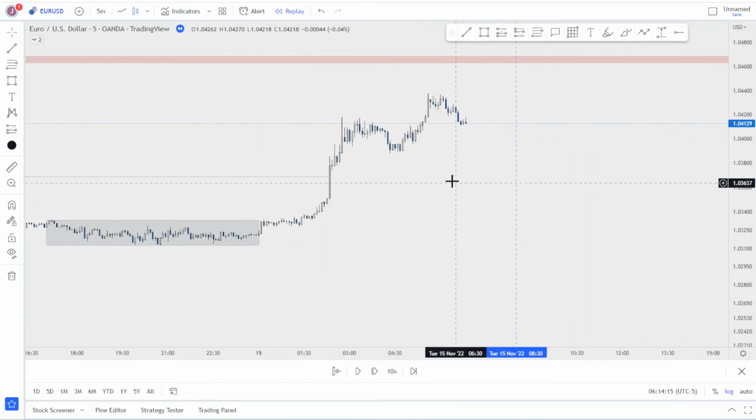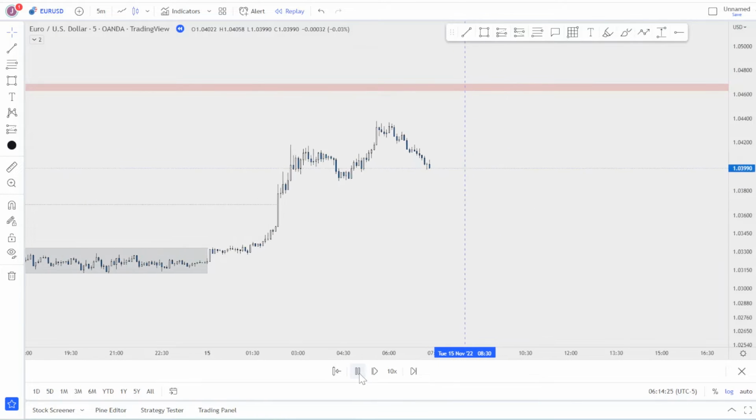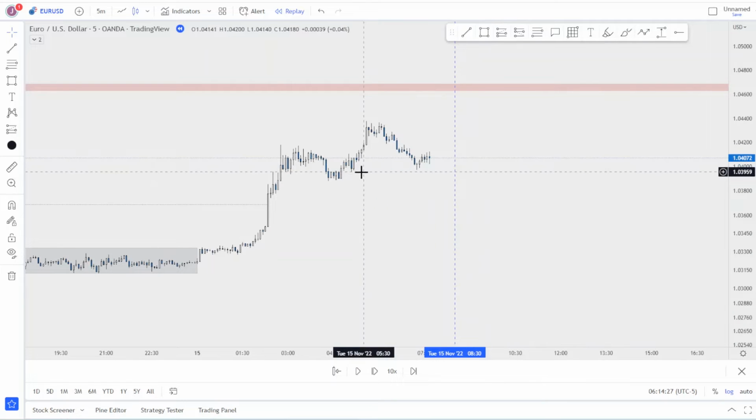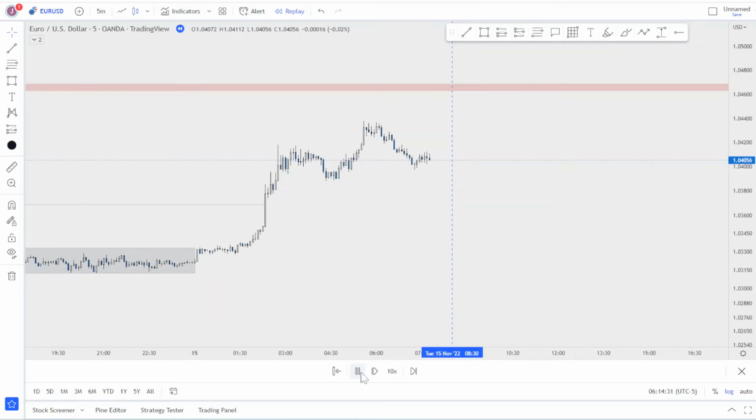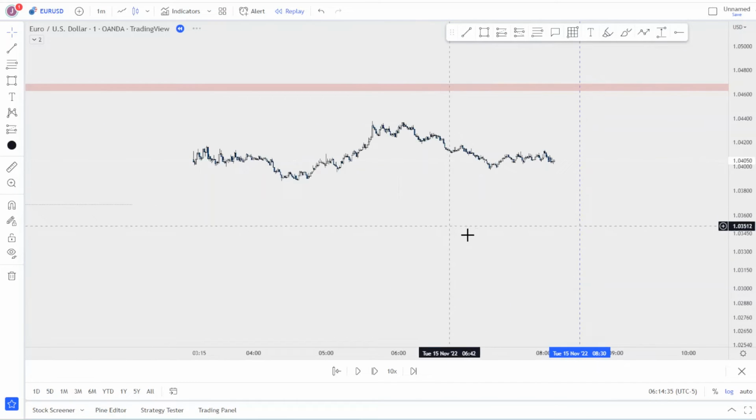So that's showing me that at 8:30 a.m., the news event is going to want to push price lower. Fast forward to that, we can see it still hasn't really taken out or broken significant structure, so we don't want to look for shorts yet, sorry.